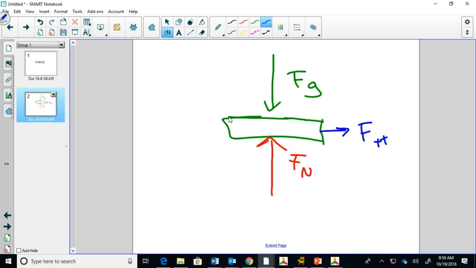Now, is my force that I'm producing gravitationally enough to actually pull this book toward me? No, it's not nearly enough. Its mass is much too big for my little tiny bit of gravity. But what's opposing that motion is the force of friction.